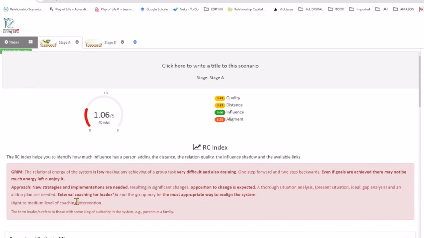How to approach this? New strategies and implementations are needed, resulting in significant changes. So big changes have to be done. Opposition to change is expected. A thorough situational analysis, what it is, the present situation, ideal gap analysis, such as what happened, and action plans are needed.